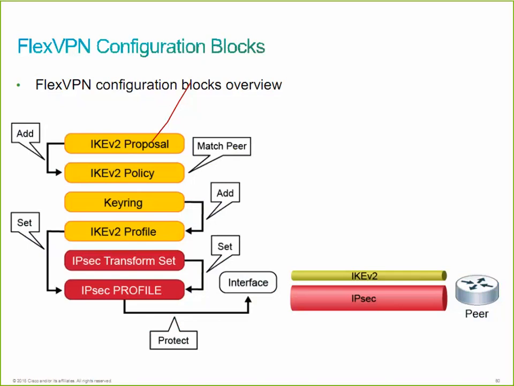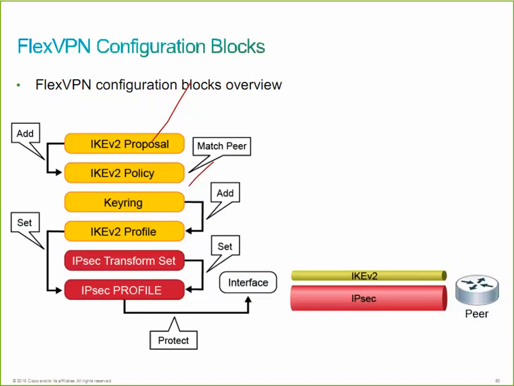All right? The proposals, we can have multiple proposals configured. They're actually configured by default, and then the peers will select a proposal based on whatever the best possible match is. Okay? The second building block is the policy itself. This is what is going to bind the proposal to the actual VPN peer.